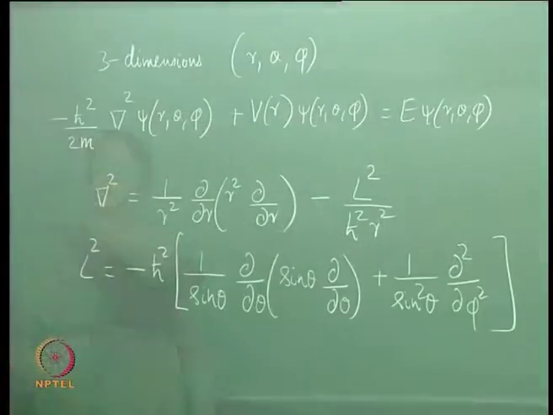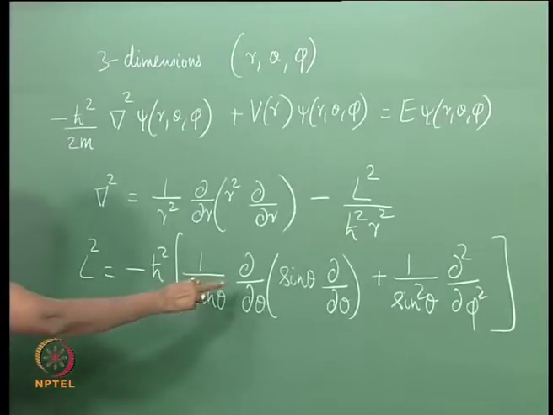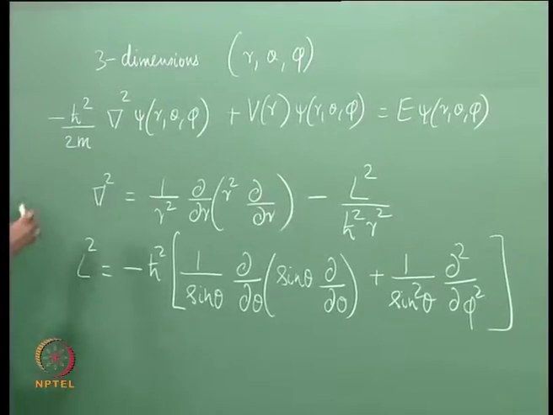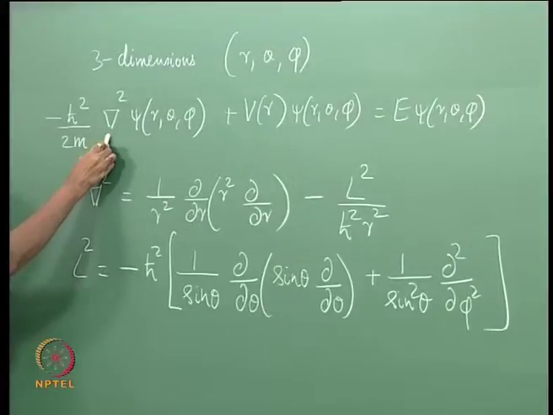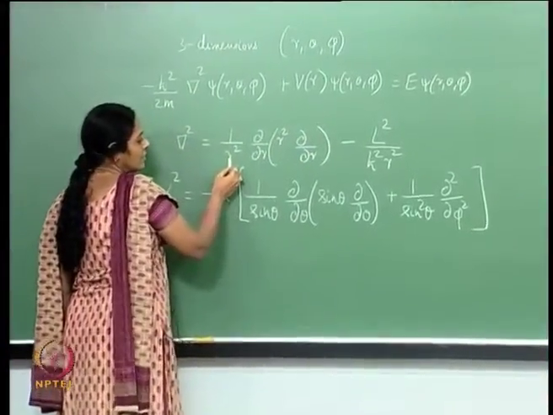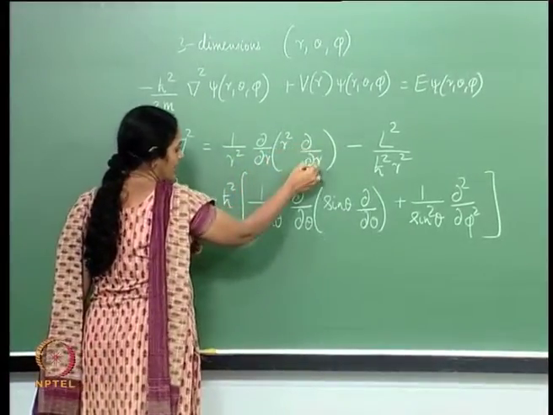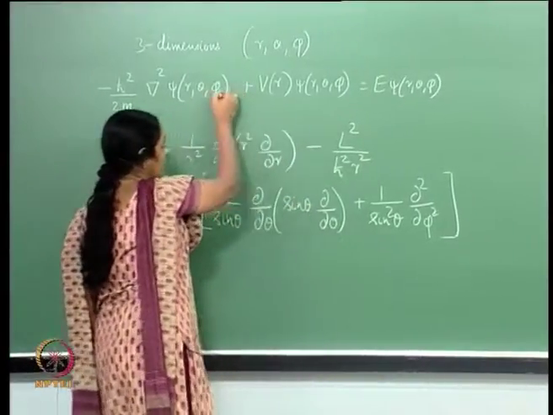So, this is the operator representation of L squared in spherical polar coordinates. Clearly, if you are looking at a term like this, it would involve the action of 1 by r squared delta by delta r of r squared delta by delta r on psi and the action of L squared on psi.